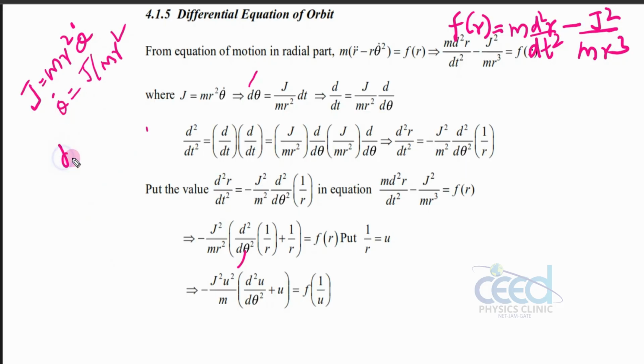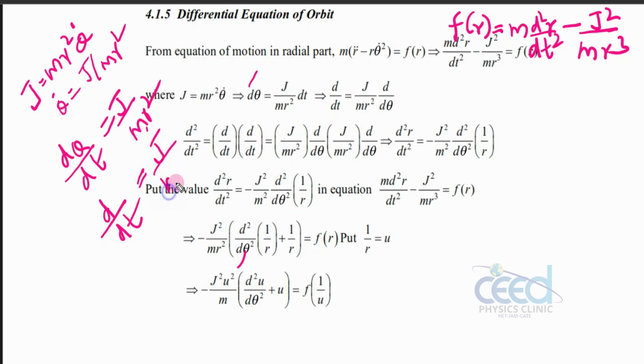So d theta by dt is equal to J by mr square. So d by dt I can write as J by mr square into d by d theta. Can I write like this?